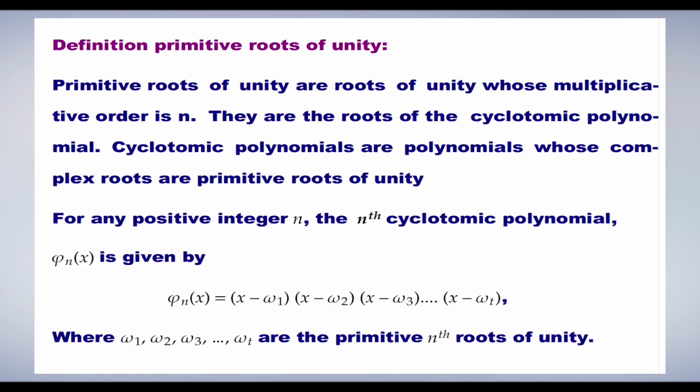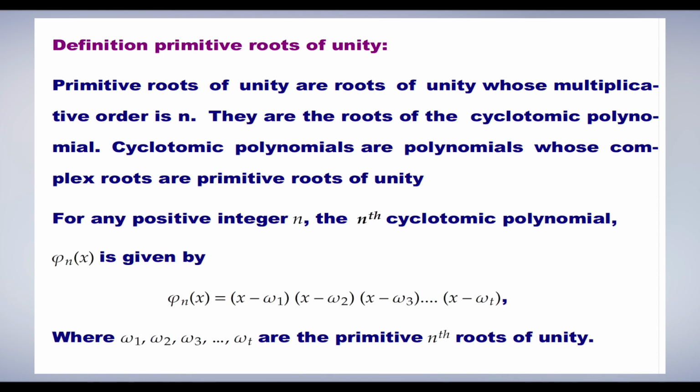Now let's see the definition for primitive roots of unity. Primitive roots of unity are roots of unity whose multiplicative order is n. They are the roots of the cyclotomic polynomial. Cyclotomic polynomials are polynomials whose complex roots are primitive roots of unity.